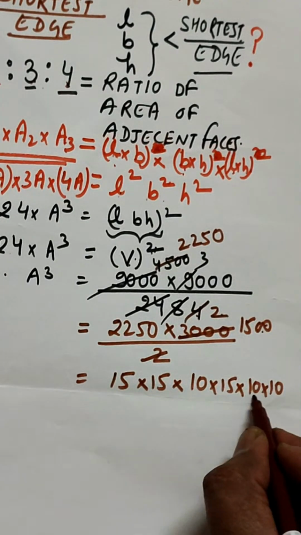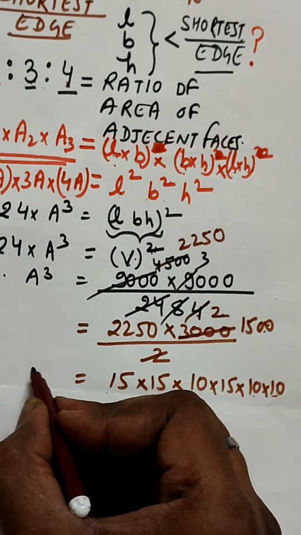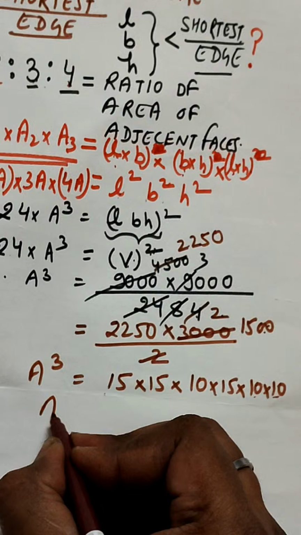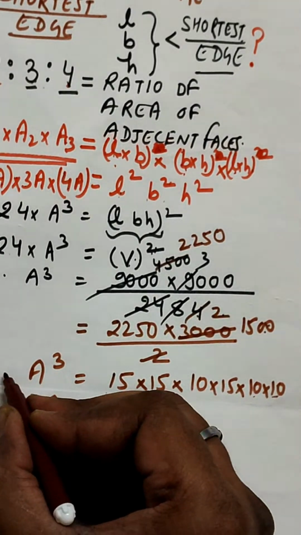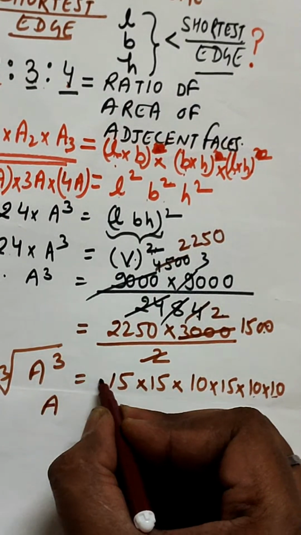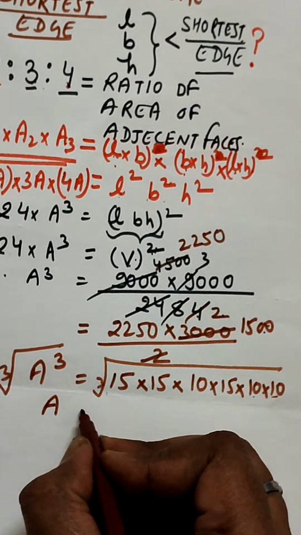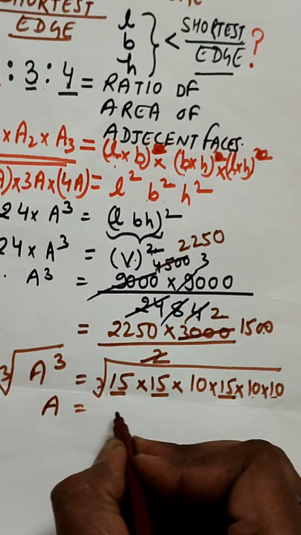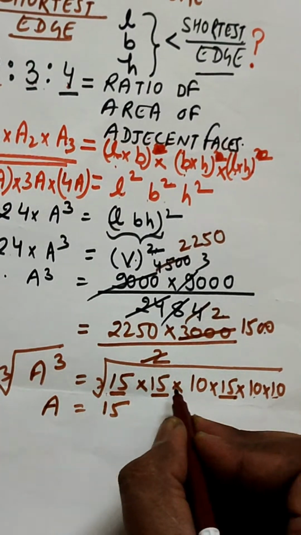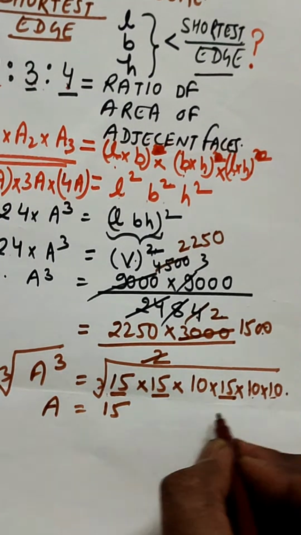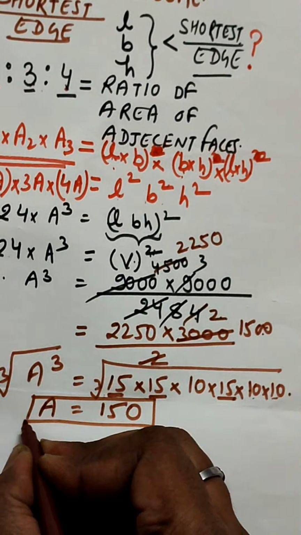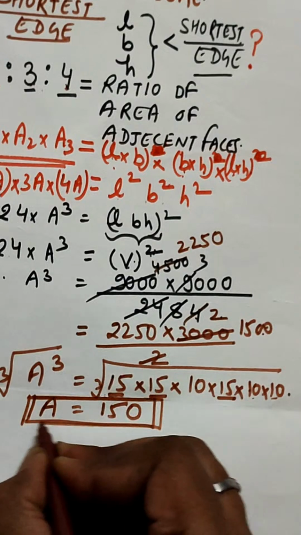Because this 1000 is broken into 3 parts, okay? And this is equal to A cube. So when you take the cubic root on both sides, the value of A will be coming as 15, 10. The value of A is calculated as 150, right?